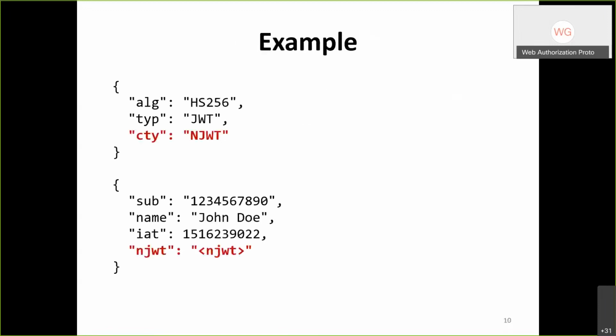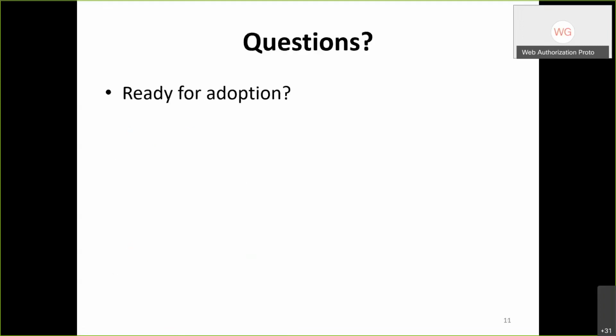Here's an example of how that would look. You have the cty at the top here, and you have the nested JOT here in the payload. So it's really simple, nothing complex here, but it's useful in a bunch of use cases. So, questions, or if people think we are ready to adopt this.